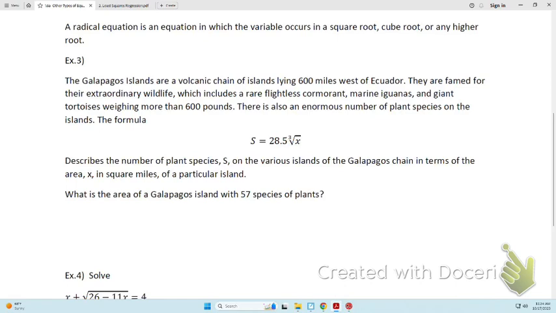So I see an x, I see an x, and I see an s. So right here it tells me what x is. That's our area. We're talking about these islands and how large they are, because there's a lot of them. And S represents number of plant species.